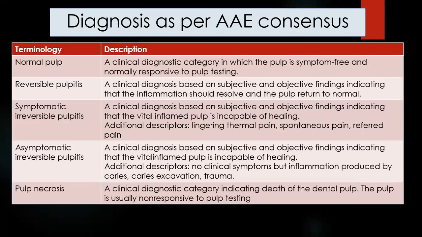Most of the times when we go for our examination, there is a histological aspect. So, as per this consensus, the definition says that if they are usually non-responsive to the pulp testing, then we can call it pulpal necrosis. So based upon our clinical finding, we define pulpal necrosis as non-responsive to the pulpal testing.